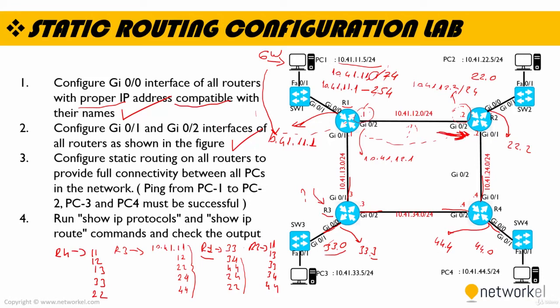And I'm going to get into router 2, and I will say, hey man, if you have packets which have a destination of these networks, send the packet to here.